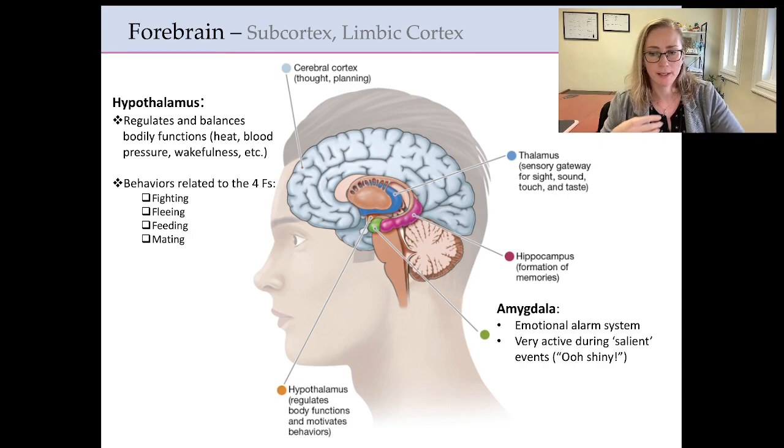So if your brain detects any emotional content, whether you see it, you hear it, you smell it, or you think about it, it can be internally generated. Like you're sitting there and all of a sudden you remembered you forgot to submit an assignment and you start panicking, right? Amygdala is going to be like, oh no, she forgot, right?